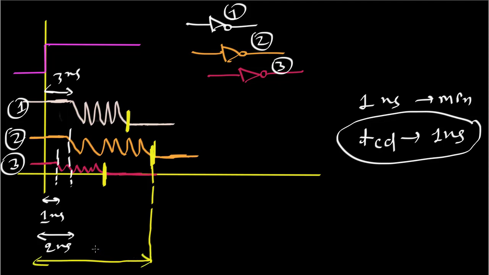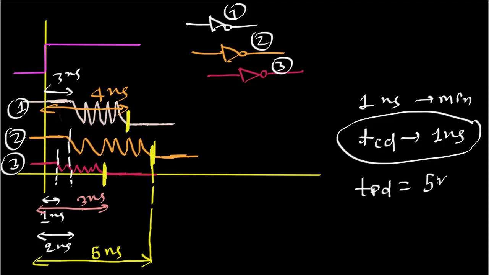Let us say this is 5 nanosecond, this time is 4 nanosecond, and the time taken by the third is 3 nanosecond. So the maximum amount of time taken by the output to get its stable value is 5 nanosecond. So we will say that TPD is 5 nanosecond. That is the maximum amount of time.